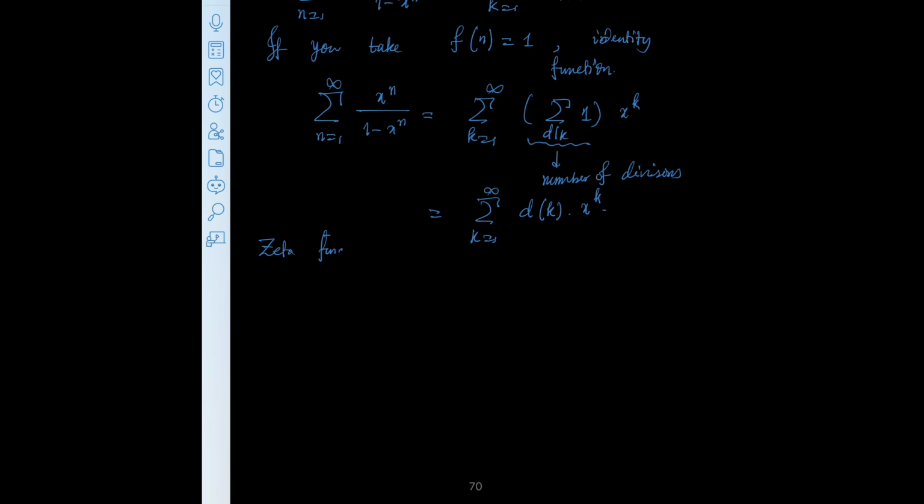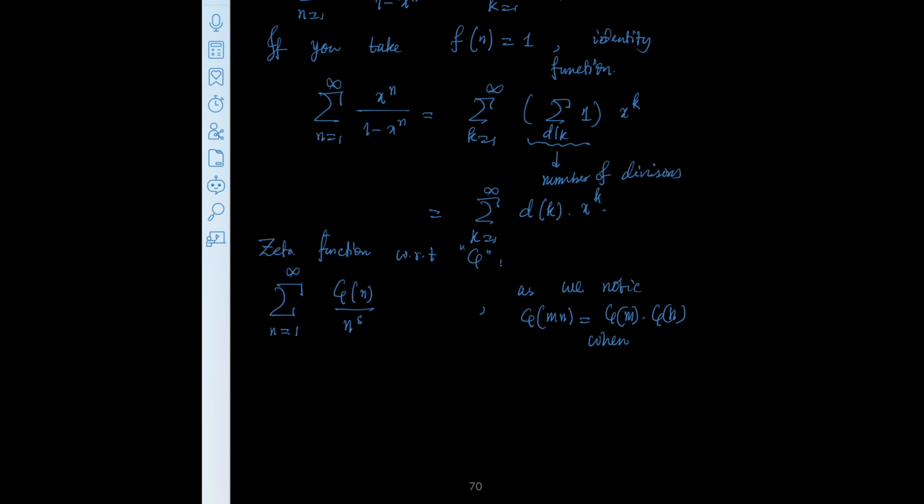Okay. Now the connection of the Euler totient function to the zeta function. Let us consider the sum over n from 1 to infinity of phi n by n to the power s. As we noticed earlier, phi n is multiplicative, so phi of mn equals phi m times phi n when GCD of m comma n is 1.